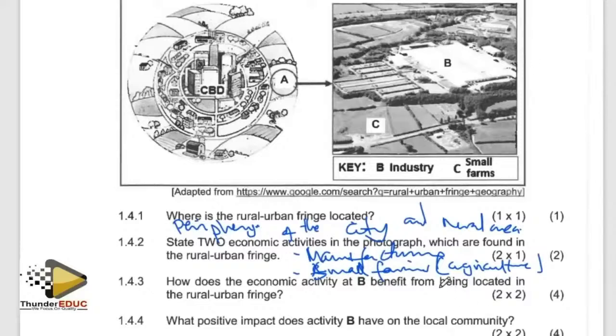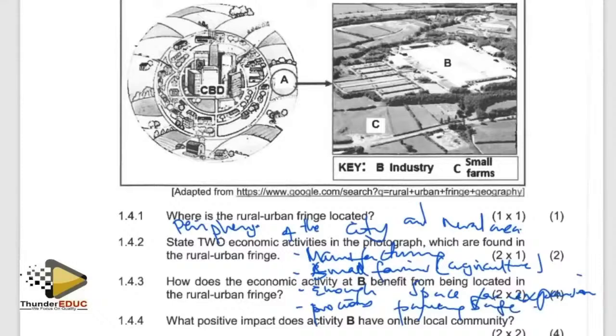How does the economic activity B benefit from being located in the rural urban fringe? This B here. So there is enough space for expansion. So we'll say enough space for expansion of the industry, then parking space, as they are not congested like in urban areas.